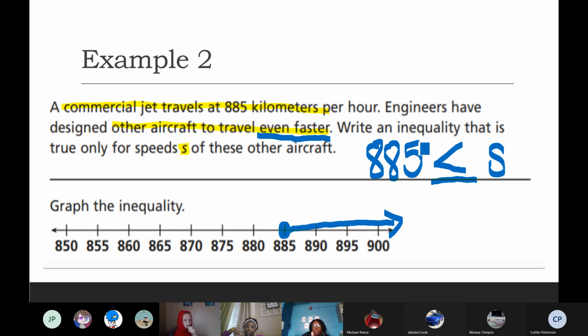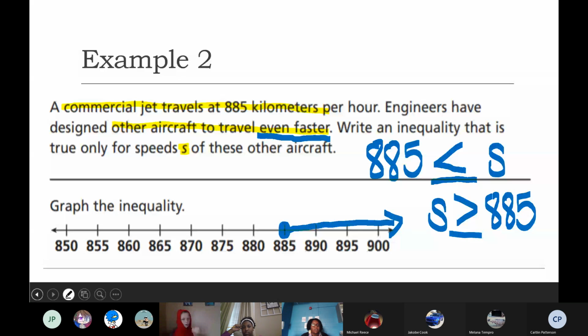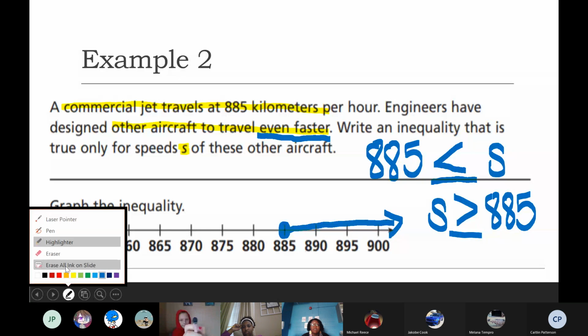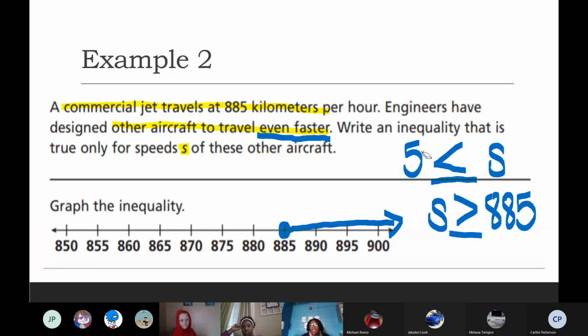Faster tells me the number is going to be greater than 885. Okay? So you could have written it this way and possibly it would have been less confusing. So let's write it that way, and I'll erase the first one. So Emily, you were technically right. Miss Neville had it backwards.